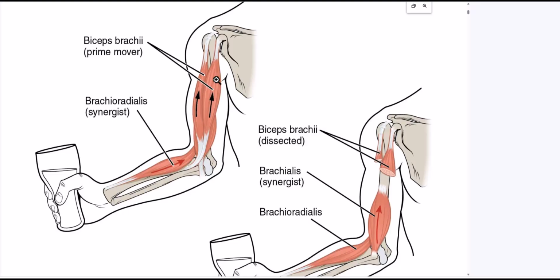There's a long head and a short head. We're not learning about that, but just know that it is a double-parted muscle. And you are being asked to know in the lab that it attaches up to two places in the glenohumeral joint in the shoulder, one to the coracoid process and one to the supraglenoid tubercle of the scapula. And you're also being told to know that it attaches down to the radial tuberosity.